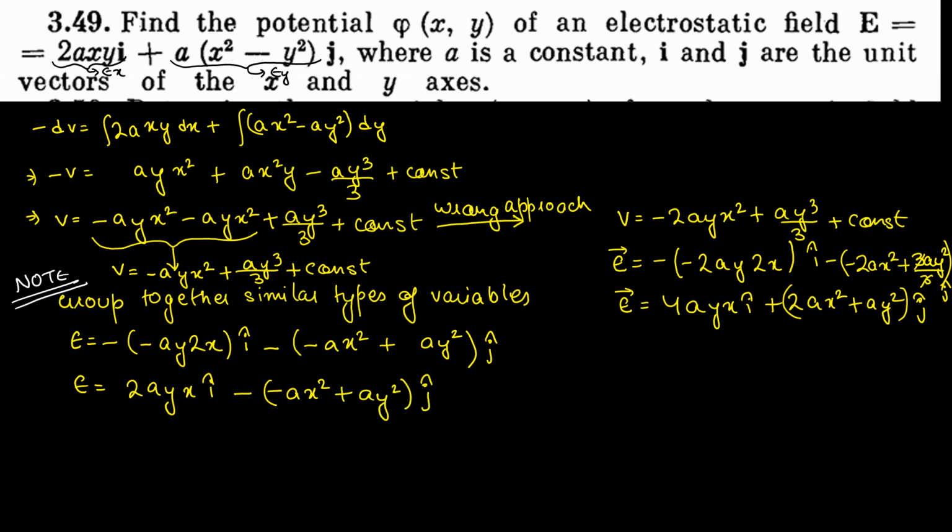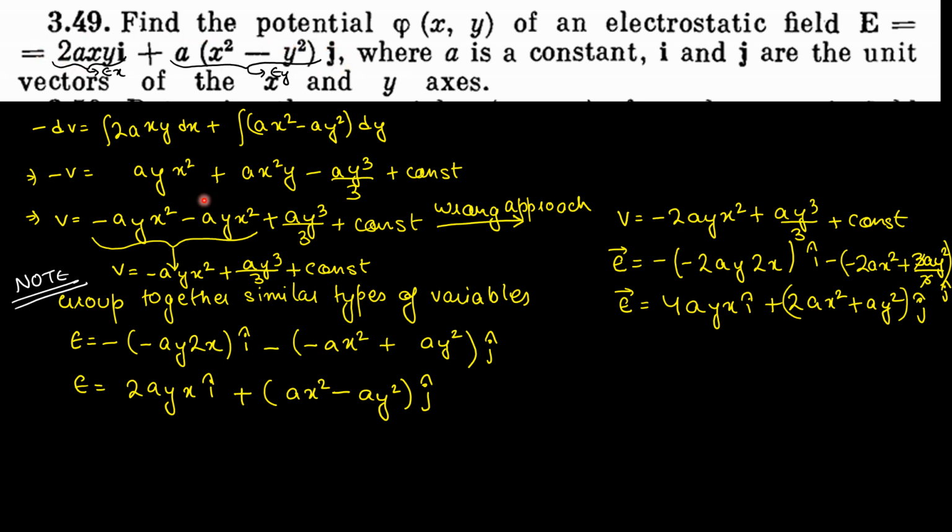If I multiply minus inside the bracket, I would get this to be plus, this to be minus, and here it would be plus. So the electric field would be equal to 2ayx i cap plus ax square minus ay square j cap. Now this electric field has the same value as this electric field.